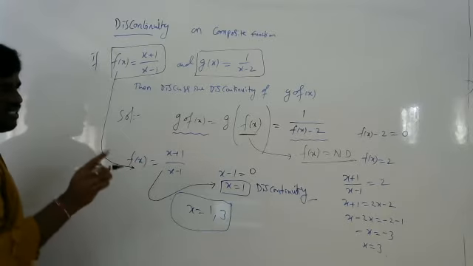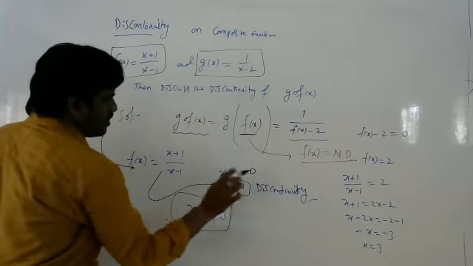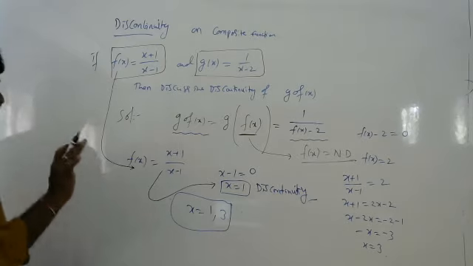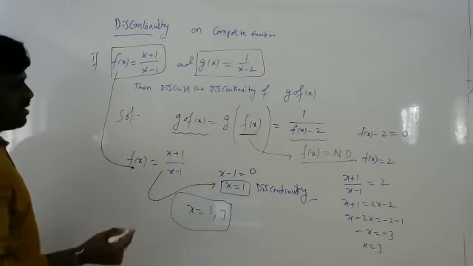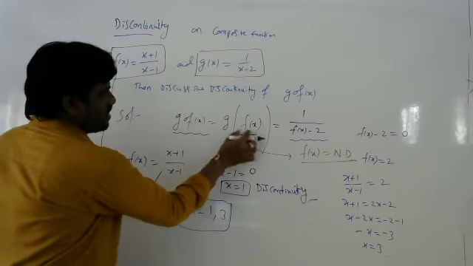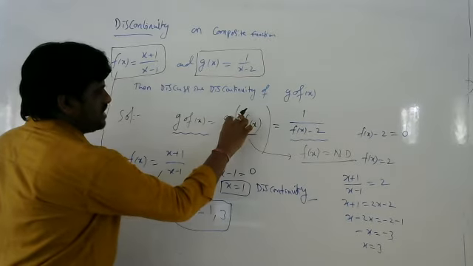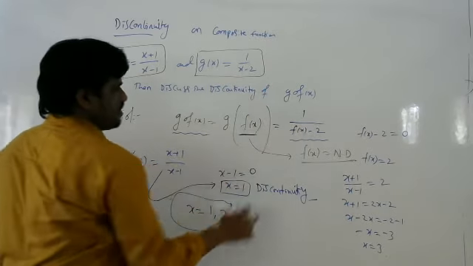Then we take g circle f of x and in the place of x in g, we substitute f of x.